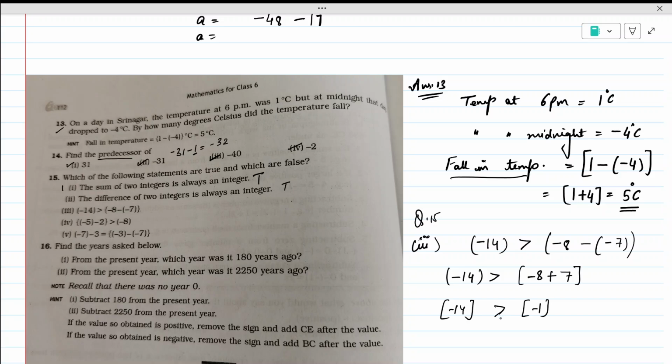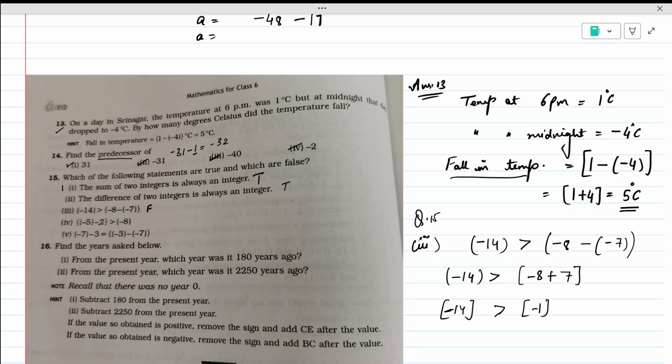Is it true? No, it is not true, because if we see on the number line, minus 1 is on the right of minus 14. That is the first reason. The second reason is, we know in the case of negative numbers, if the number is bigger, the value will be less. So this is false. Okay. Next question we have, minus 5 minus 2 is greater than minus 8.